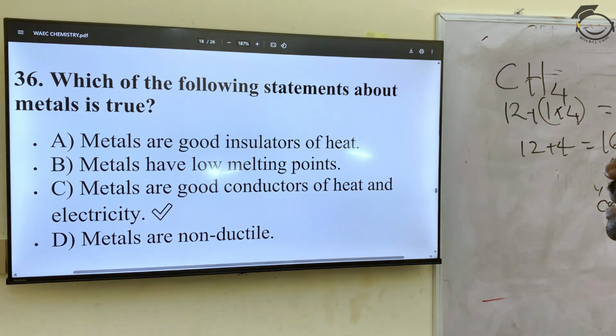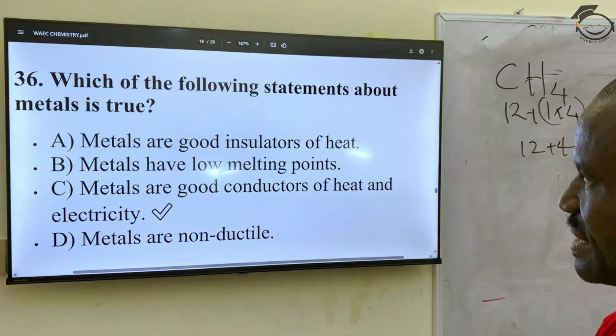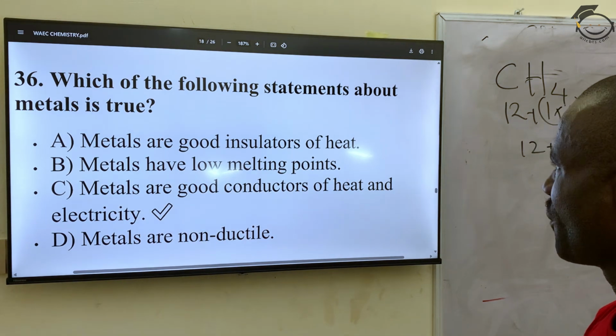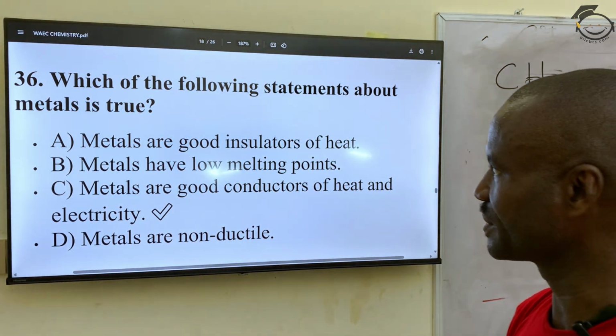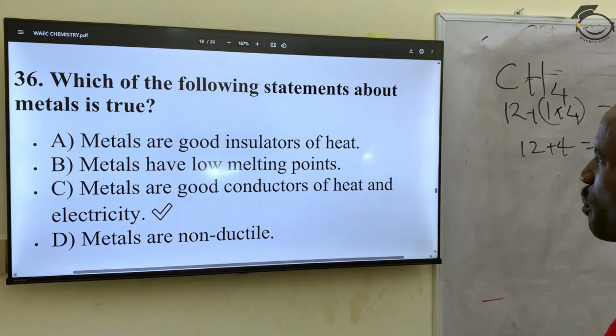Question 36. Which of the following statements about metal is true? Which of these characteristics define a metal? A, metals are good insulators of heat. No, they are not insulators, but rather they are conductors. B, metals have low melting point.